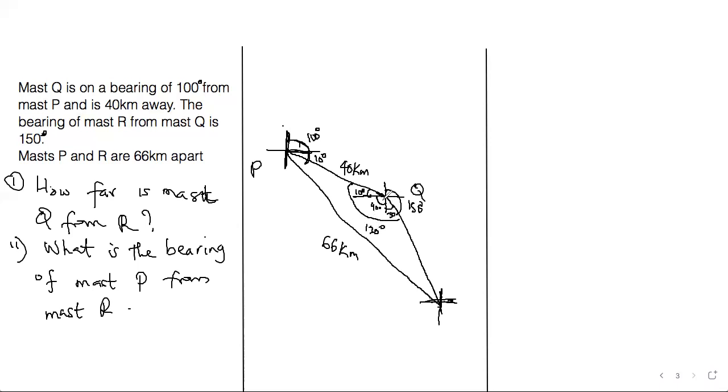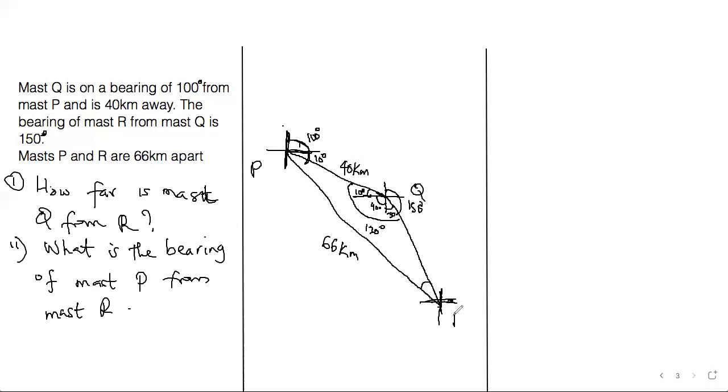Now I know that angle, I know the side. So I know this side. So how do I get this angle that is facing that side? This angle is the angle that is facing this side.